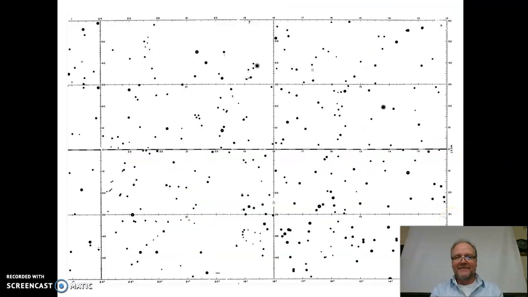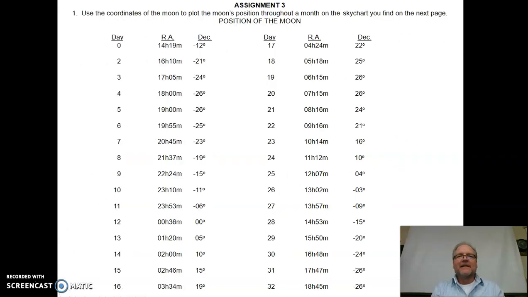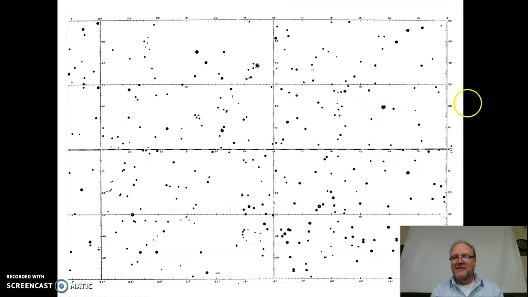I've got my Ceti Scorpius down there. 12 hours is the far right. 13 hours is the first of the major hour marks going left. 14 is here, and I needed 14, 19. 14 hours and 15 minutes is right where the black and white hash marks interface, and I need 14:19, which is about 5 minutes more, right about here. I'll make a dot right there at 14 hours and 19 minutes on the celestial equator, and then draw a vertical line through that point. So get a straight edge and go right through that 14:19.